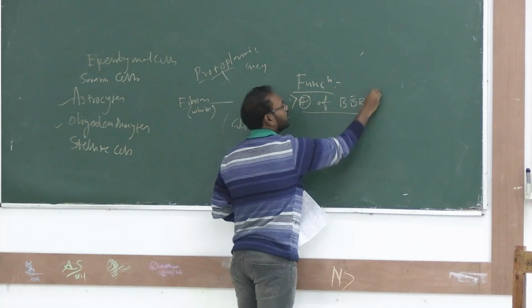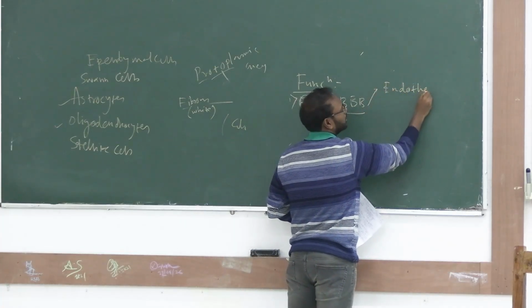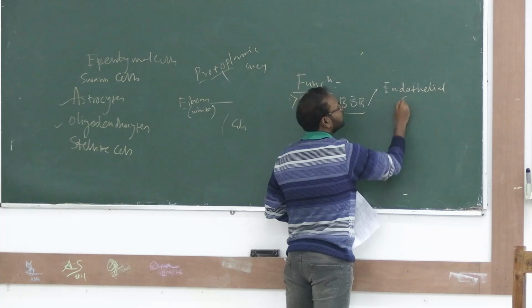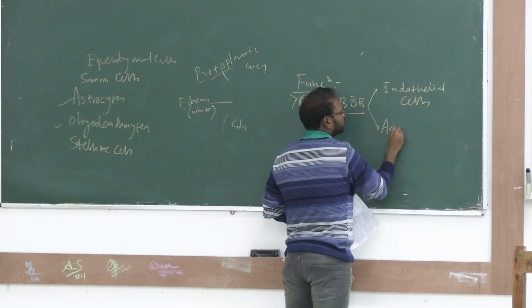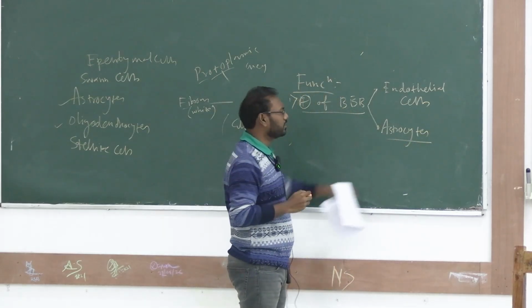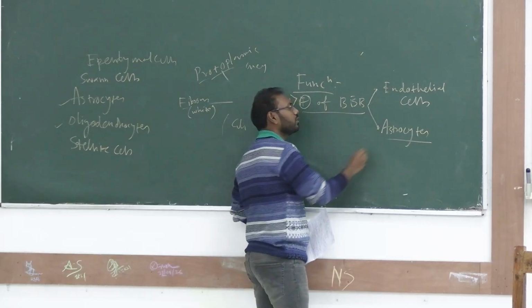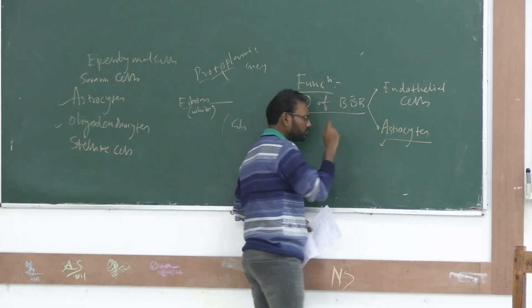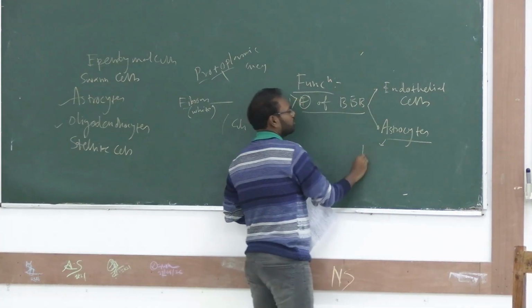কিভাবে formation হয়? একটা হচ্ছে from endothelial cells, so two cells take part in this formation, endothelial cells and your astrocytes. From the astrocytes, okay, these astrocytes have processes on the end of their structure, সেগুলোকে আমরা বলি astrocyte foot process.